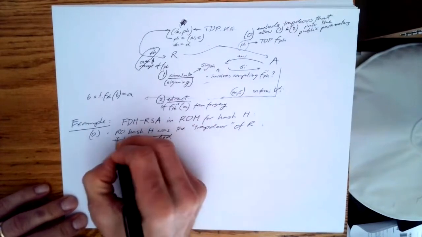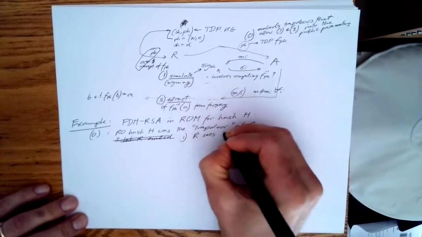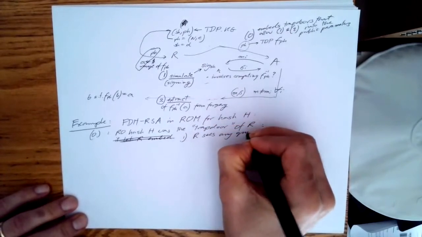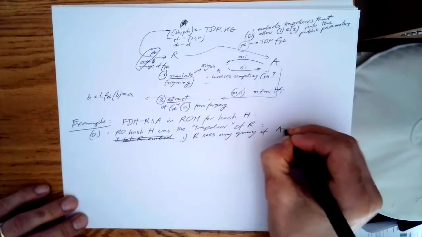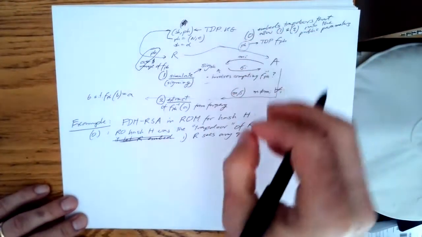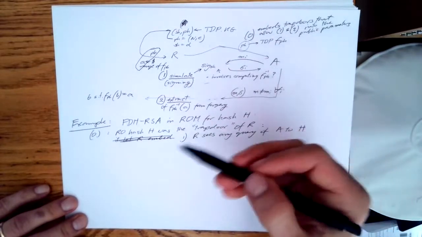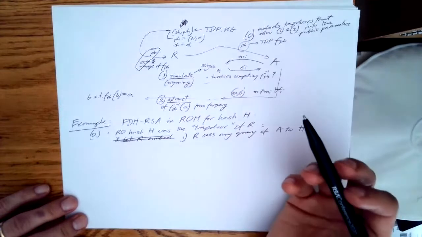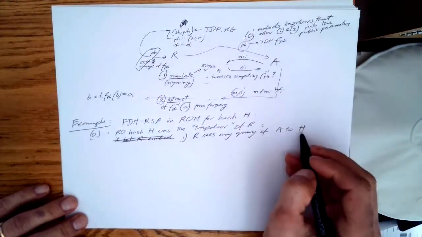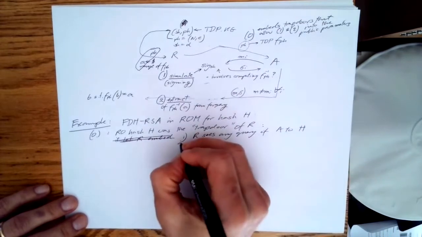For two reasons. First, R sees any query of A to H, because H is this random oracle in the sky. A cannot compute any values related to H unless it queries them, except for negligible probability of guessing these outputs.